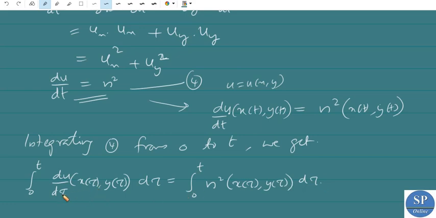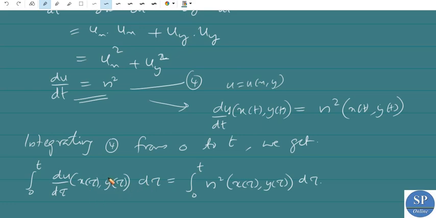Actually we are using a different variable τ, because the limit of the integration is t, so we take the variable of integration different.